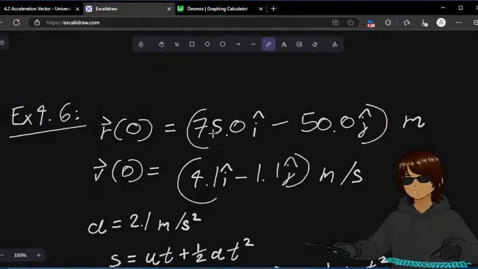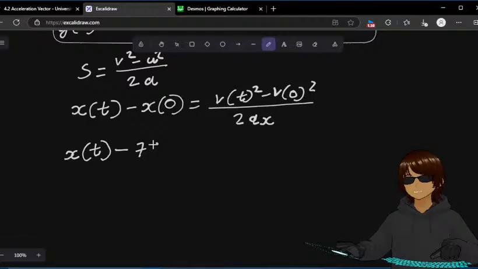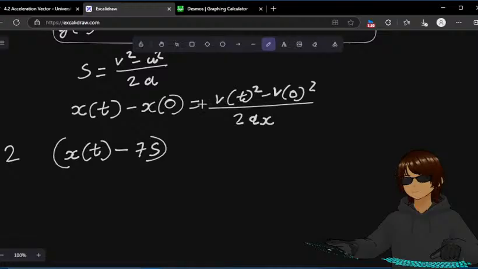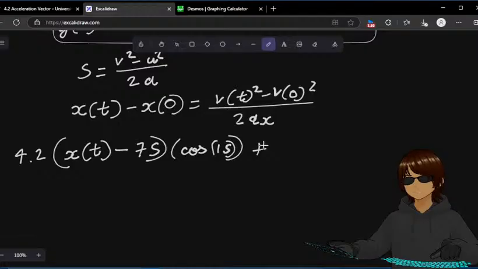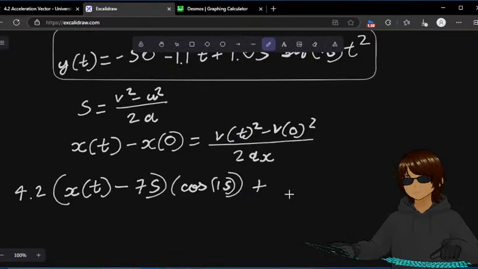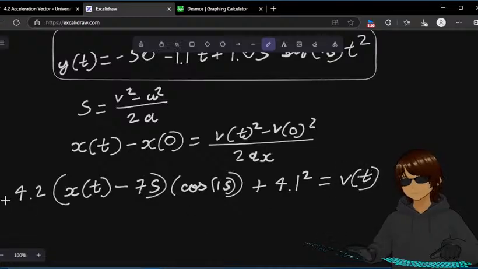Then we have 75.0, I think I will only do it in the x direction. 75.0, we have 2 times, and in the x direction 2.1 cos 15, so 4.2 cos 15, plus the initial velocity 4.1, and square root all of that.